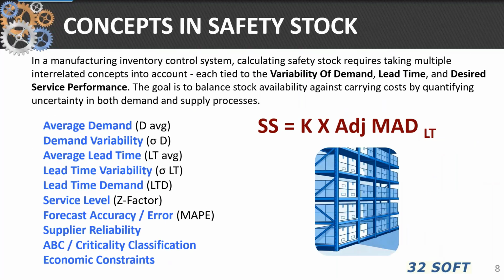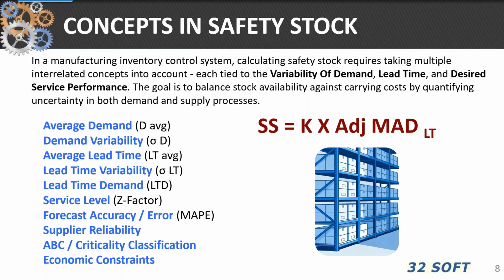In manufacturing, inventory control systems calculate safety stock by taking multiple interrelated concepts into account, each tied to variability of demand, lead time, and this desired service level. The goal is to balance stock availability against carrying costs by quantifying uncertainty in both supply and demand.